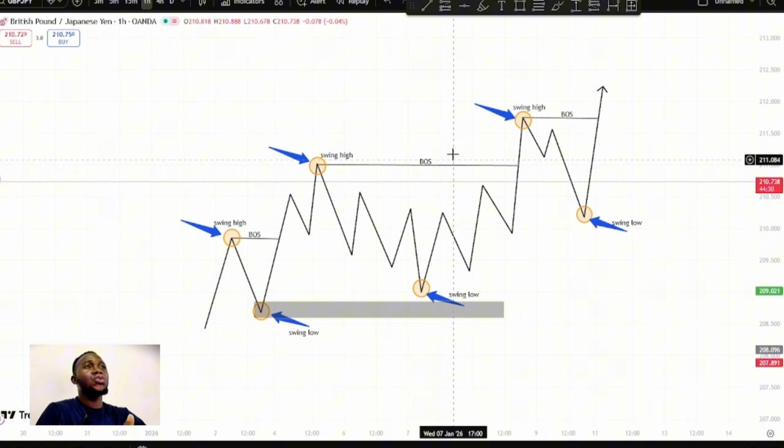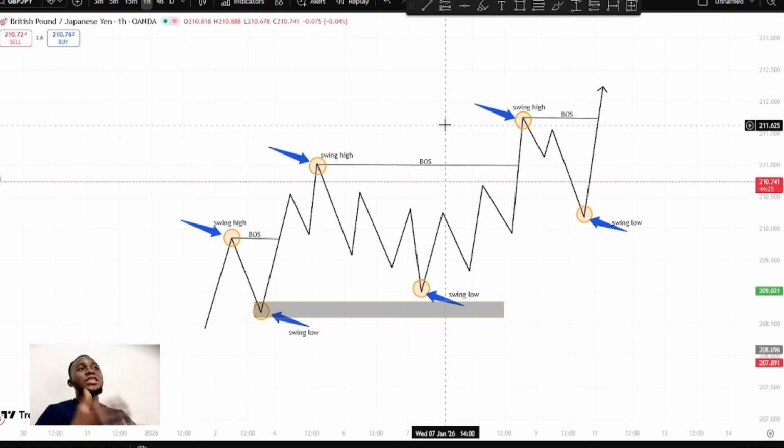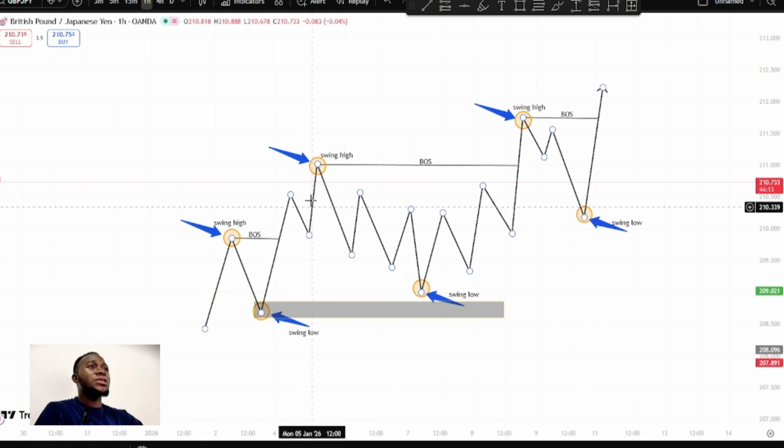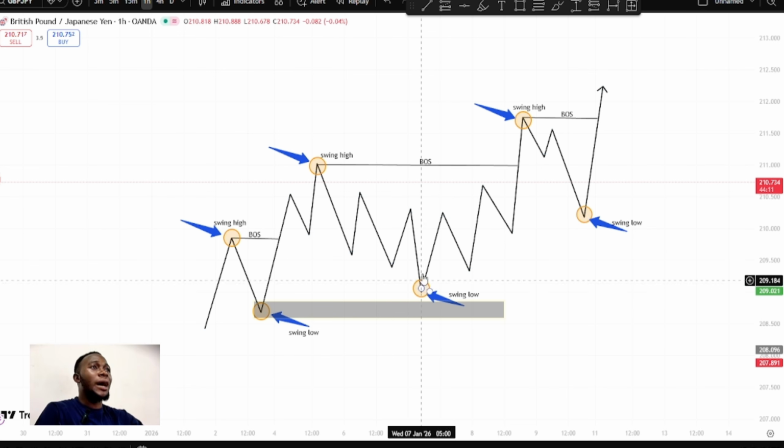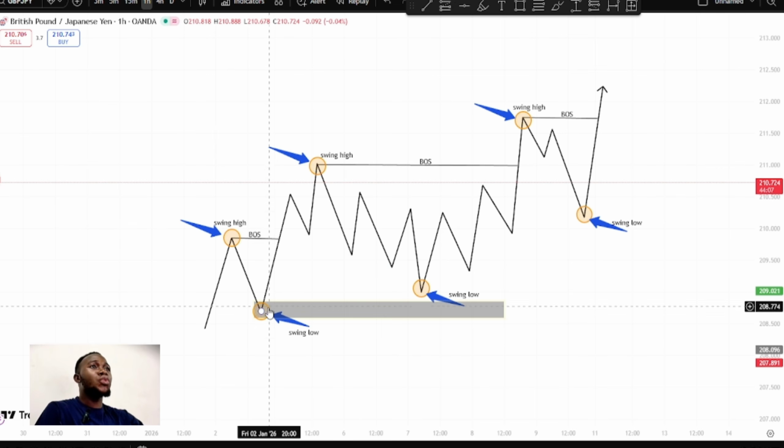Because like I explained to you, in a bullish market, we want to be seeing swing lows that will be creating swing highs, in the sense that we want to be seeing higher lows that will be creating higher highs. I want you to understand this very, very well. Now, all these retracements right here, they are just pullbacks in between this swing high and this swing low.